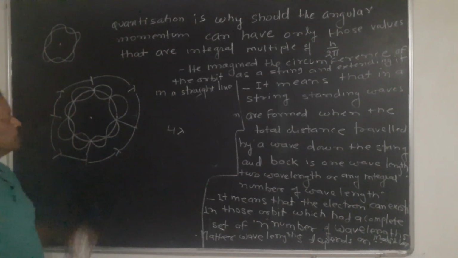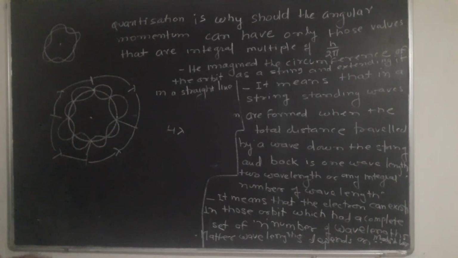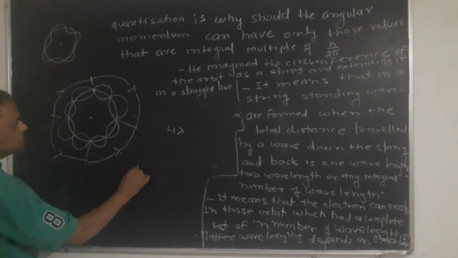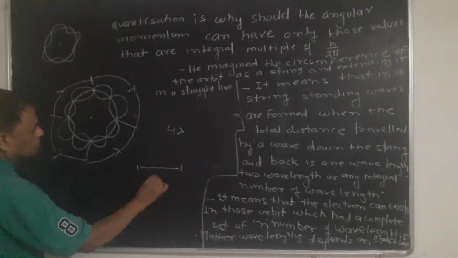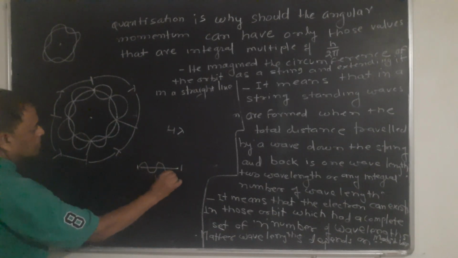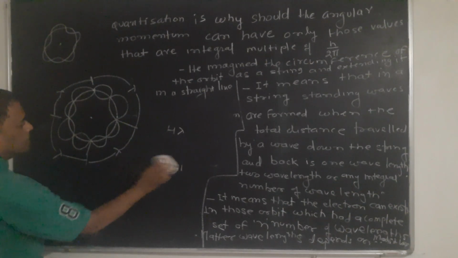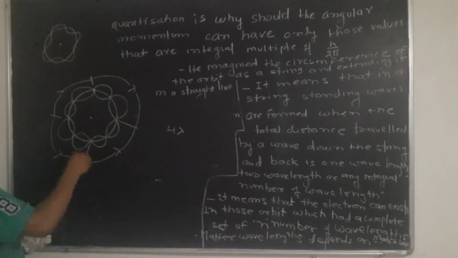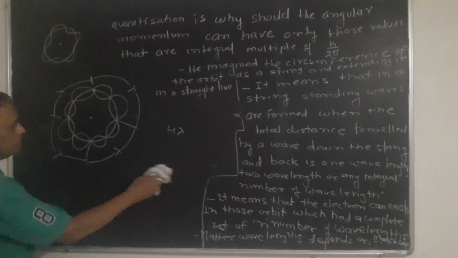So this is the complete set of lambda. The distance in a string, as we have studied, is equal to the number of lambdas.